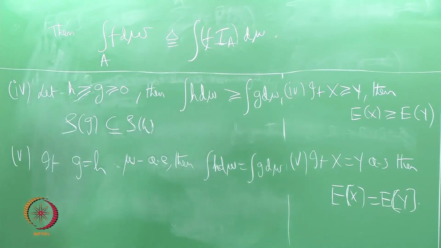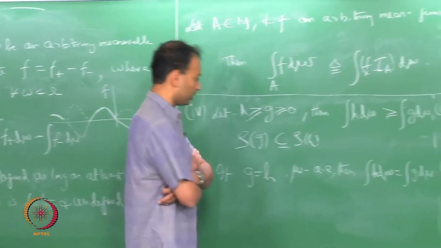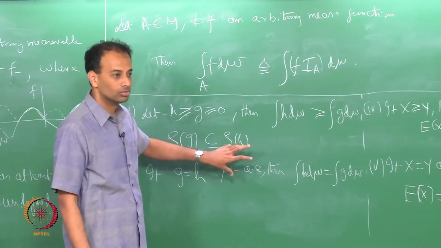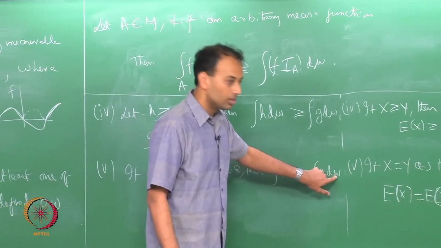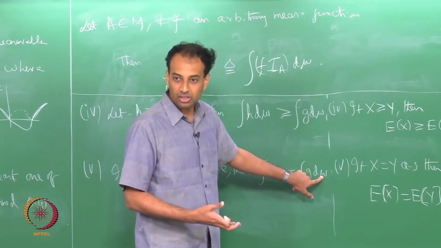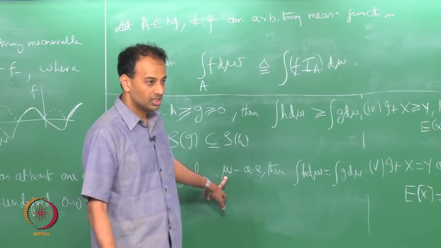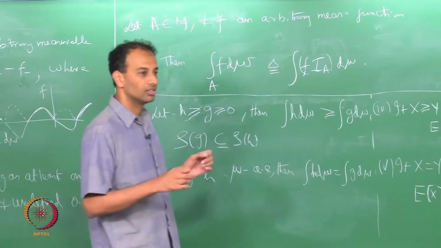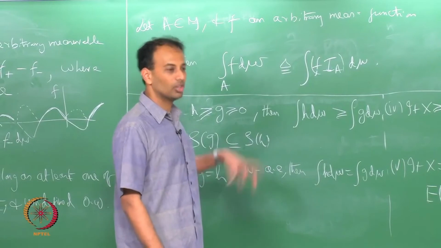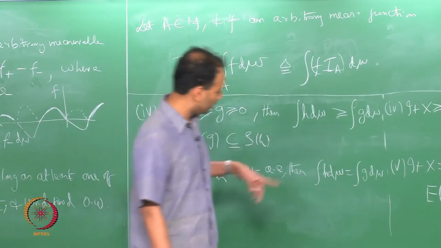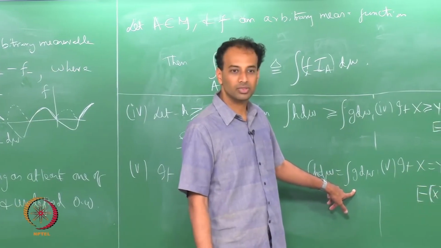So this is saying that if you have any two functions which differ only on a set of mu measure 0, then the corresponding integrals will be equal if you are integrating with respect to that measure. So, for example, if mu were lambda, the Lebesgue measure, and two functions both defined on the real line are equal except on a set of Lebesgue measure 0, then their Lebesgue integrals will be equal.